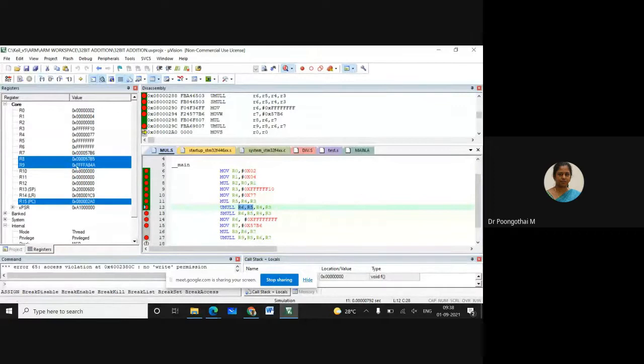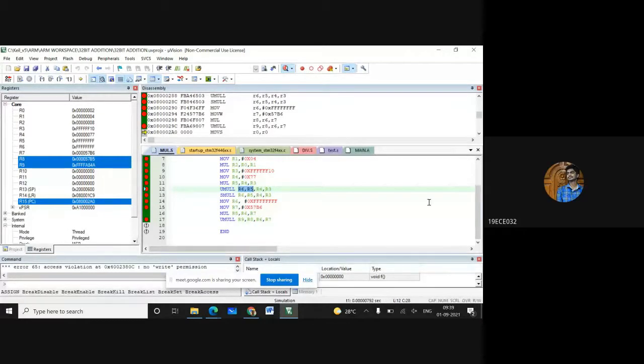Your R8 is holding this 16-bit value and R9 is holding this 32-bit value. Is that clear, students? Yes, ma'am.